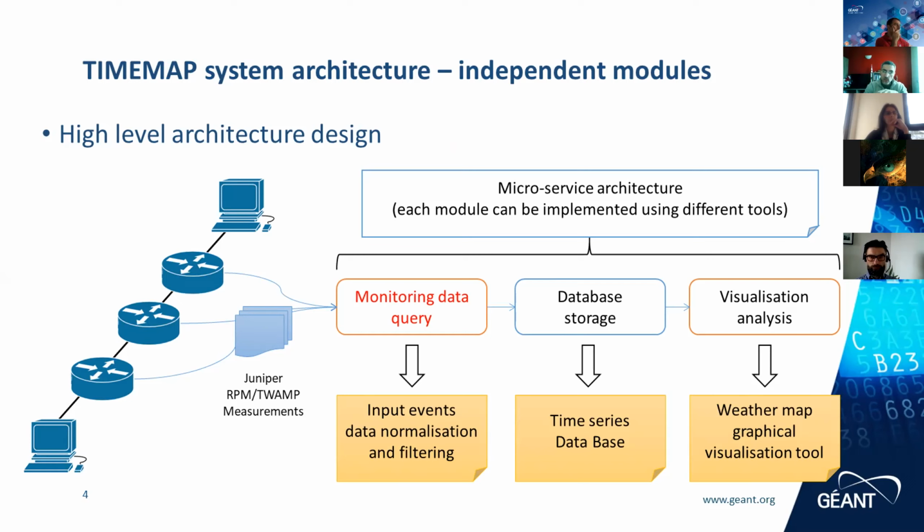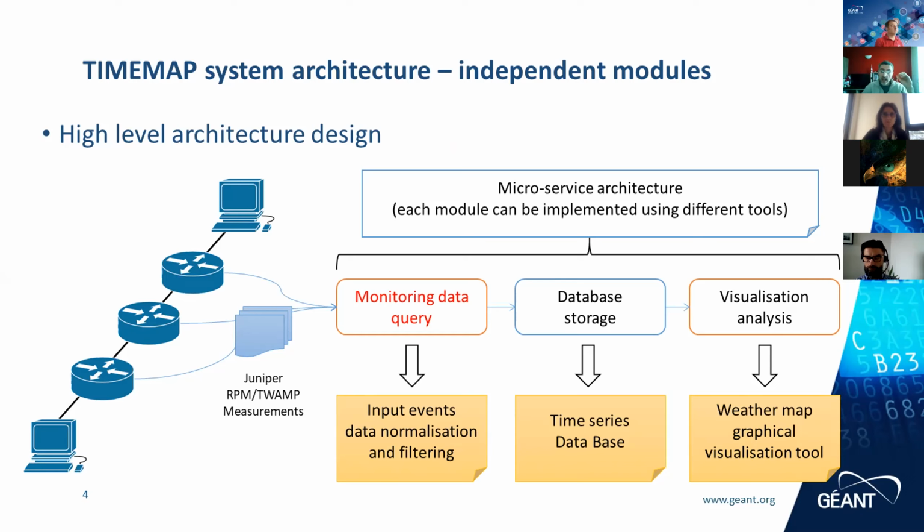One thing that I want to highlight is that the goal of Timemap is not developing new technologies. Timemap is a tool that must provide information, knowledge, and awareness of how the network is behaving with respect to metrics that are not, let me say, the standard one, as could be the capacity.